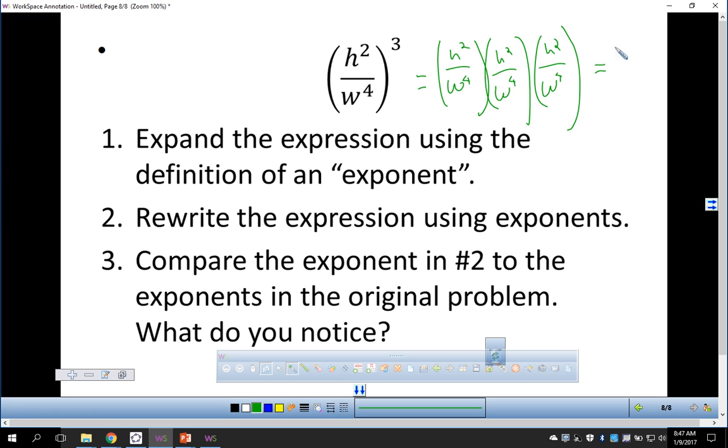How many h's do I have altogether? 6, right? How many w's do I have altogether? 12, right? How could I have got that without having to write that all out? Just multiply the exponents, right?